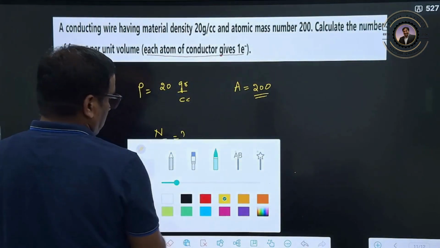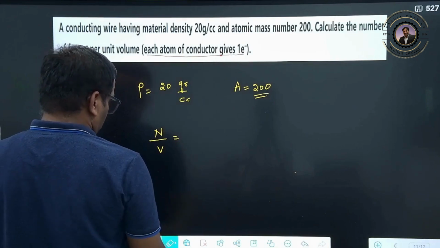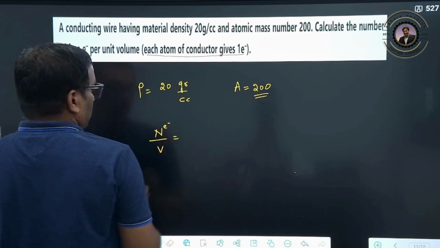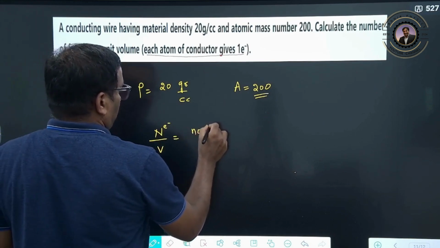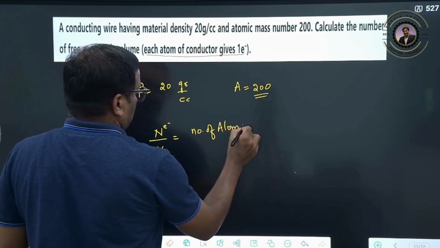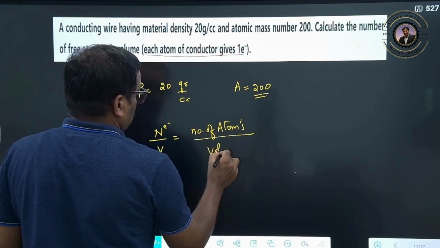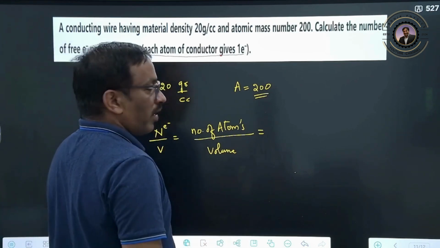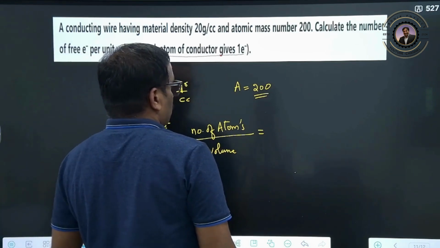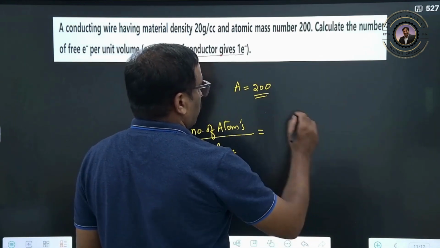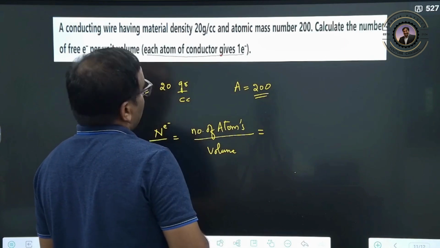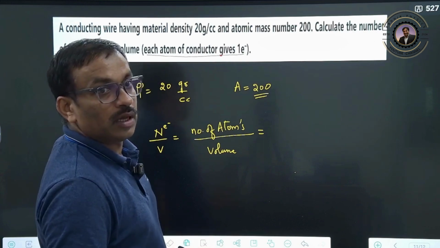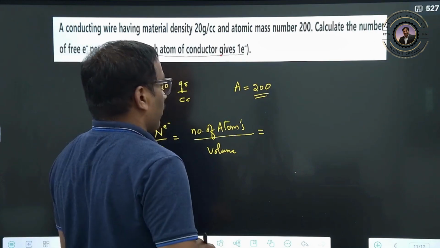Therefore, that means if we want to calculate it, the number of free electrons will be nothing but the number of atoms by its volume. So number of atoms, what can you write now? Suppose the number of atoms can be calculated as the number of moles into the Avogadro number.